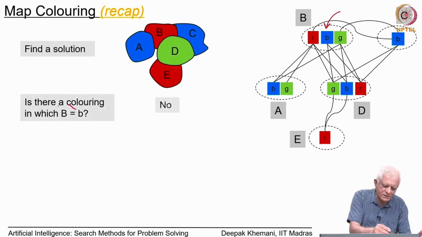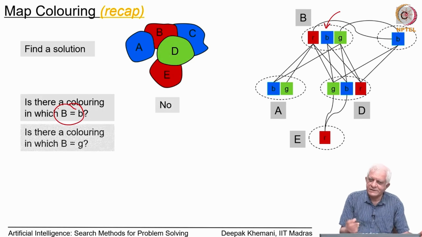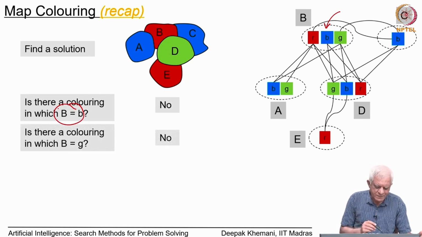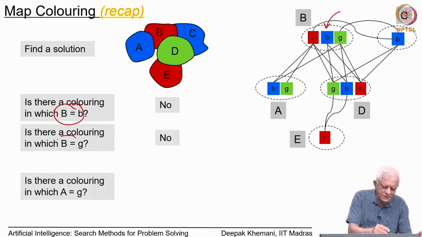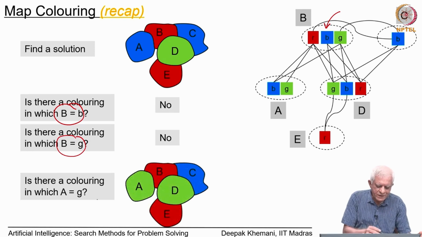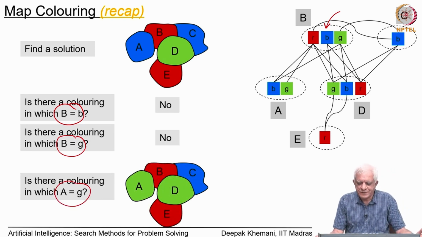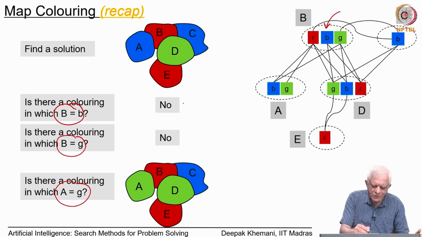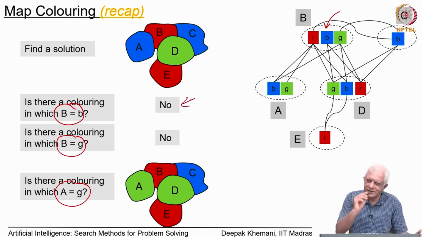You ask for a specific solution with B equal to B, the algorithm should come back and say no. You ask for a solution with B equal to G, no, or you ask for a solution with A equal to G and you get a solution. Now, when it answers no, remember that it would have searched the entire tree, and then eventually when the search failed, it would have come back and said no essentially.